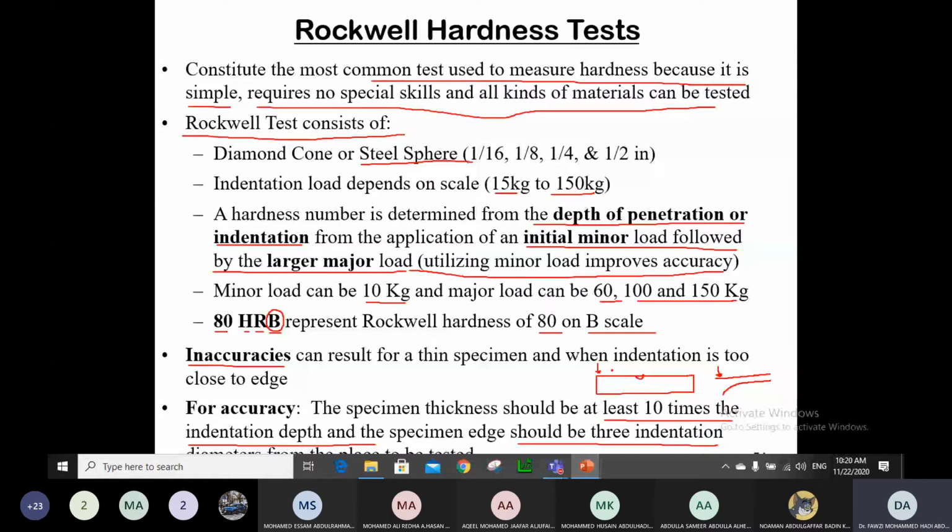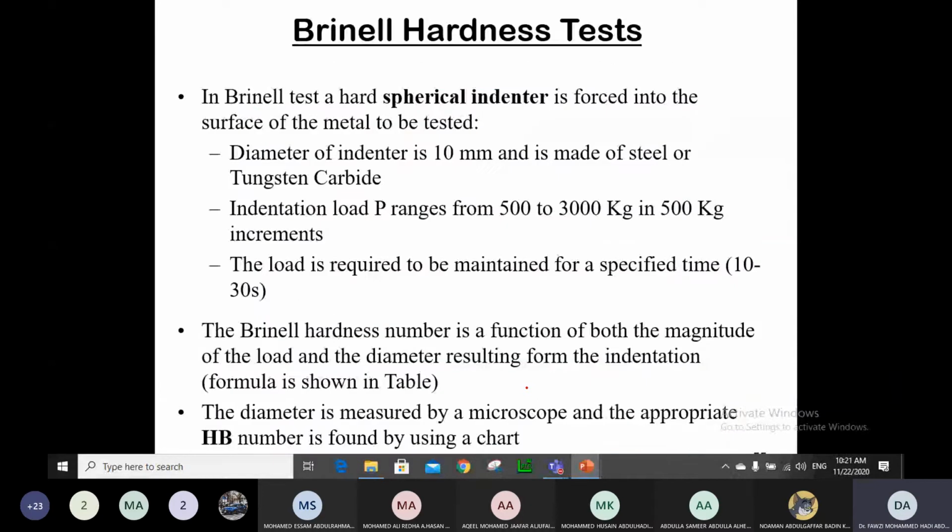So at least, we normally go 10 times at least away, so inside the material, we go at least that much. So these are actually causes of the errors in the accuracy of the measurement, so we can improve the accuracy by avoiding them.